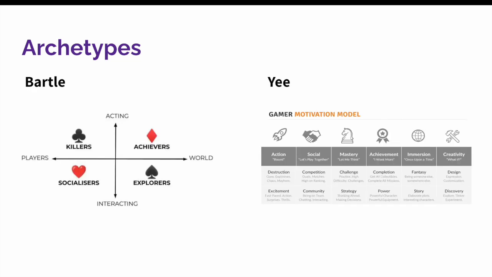So the two models of gamer types that we're going to be discussing in this first part of level 4 are both heuristic models, which is to say they are working models designed to describe a particular type of environment, in this case, online multiplayer games. They're not making broader claims than that and should not be overinterpreted.